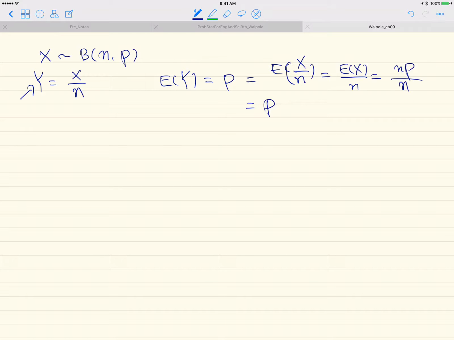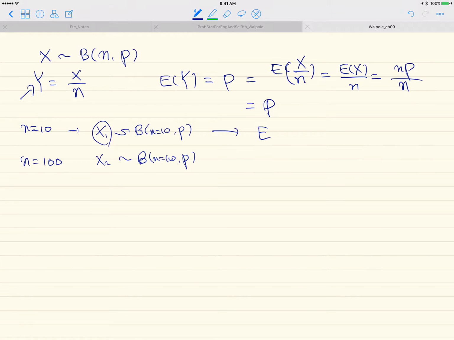I suppose, yeah, let's compare the two cases where n is 10 and n is 100. Then we consider two binomial random variables, where the parameter n is 10 with unknown parameter p, and n is 100 with p. Let's call these x1 and x2. Then x1 divided by 10 will be our new random variable y1, and that will be used as an estimator for p, right?